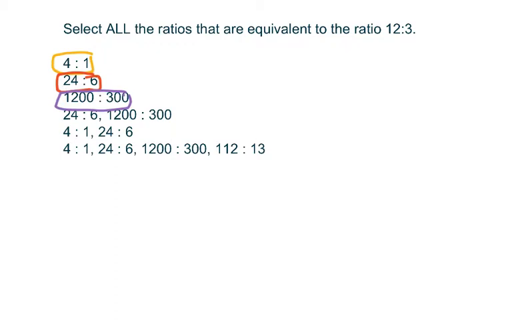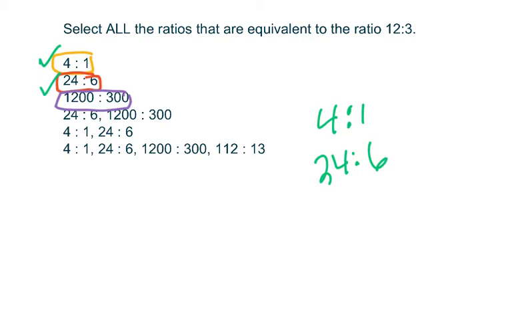These are the only 3 correct answers, 1, 2, and 3. And if you chose the answer of 4:1 and 24:6, so 4:1 and 24:6, as we know, are both equivalent ratios for the ratio 12:3.